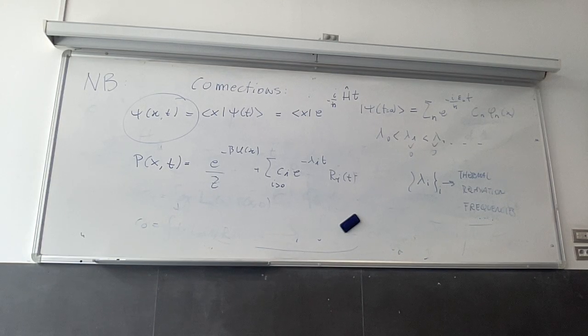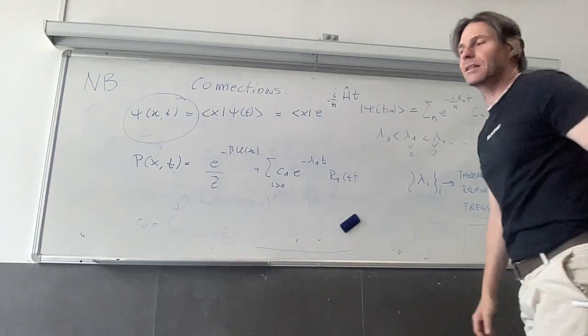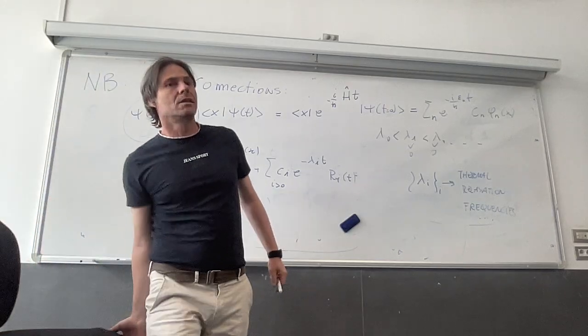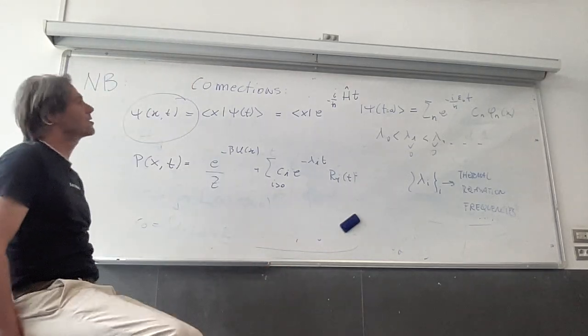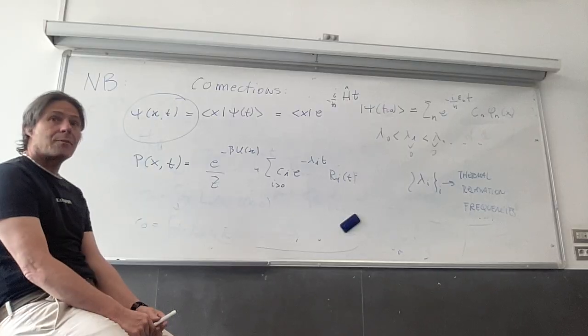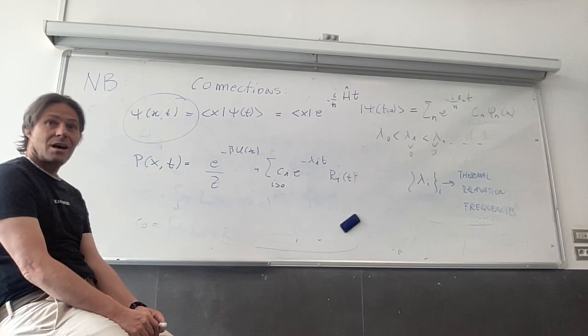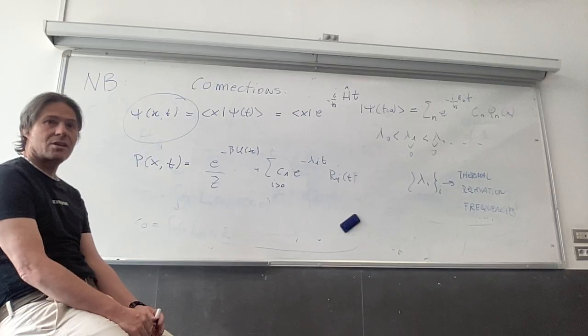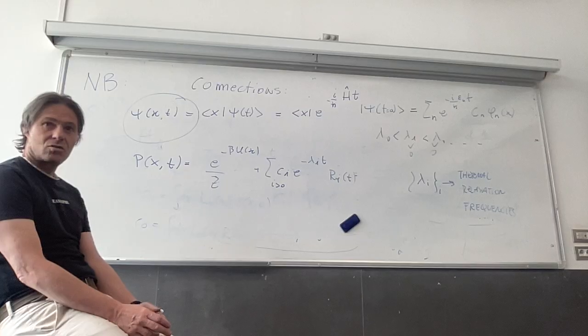I want to make one comment. There's yet another fundamental difference between quantum mechanics and Fokker-Planck dynamics. The energies, the eigenstates of the Hamiltonian are defined up to a constant, aren't they? Because all that shifting the ground state energy does is introduce a global phase to the wave function, right?